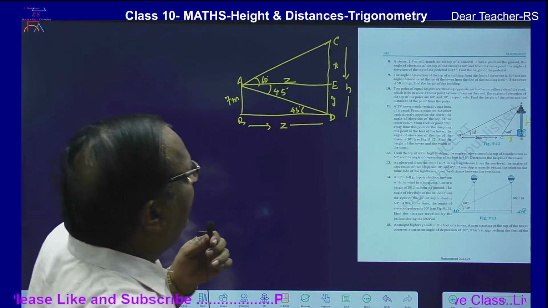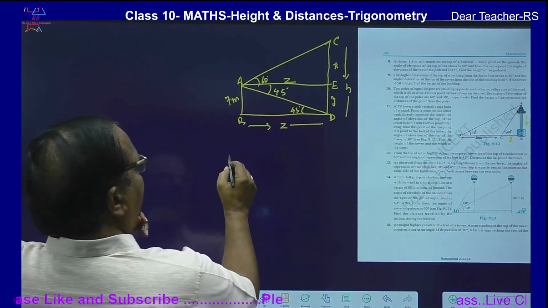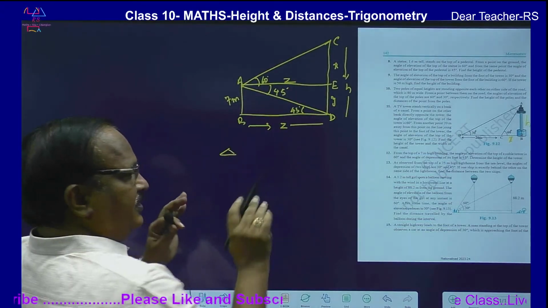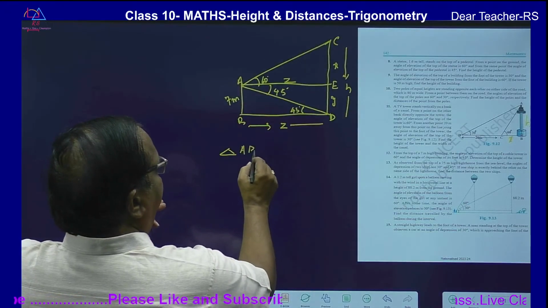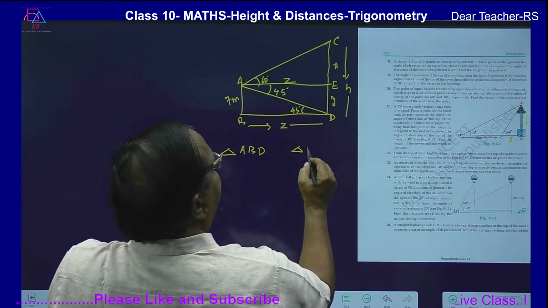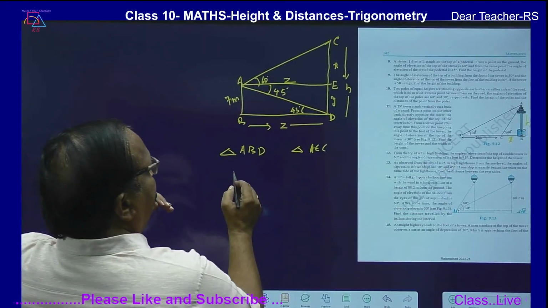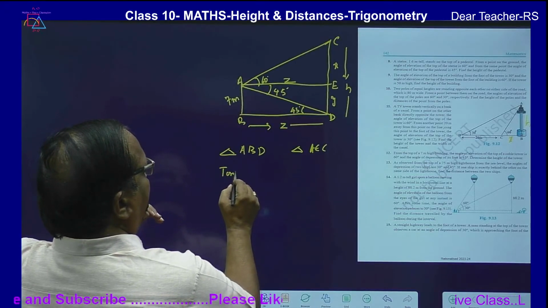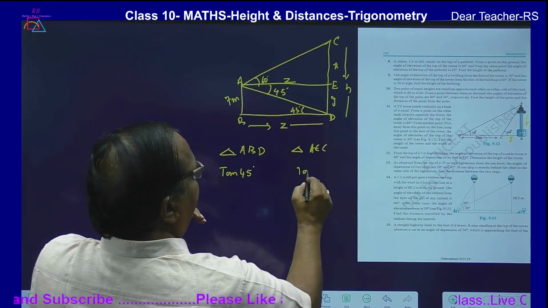So now let us take again 2 triangles. In this also there is no need of hypotenuse. So tan. Triangle ABD is 1 and triangle AEC is 1. So ABD is how much? Tan 45 degrees. And here tan 60 degrees.